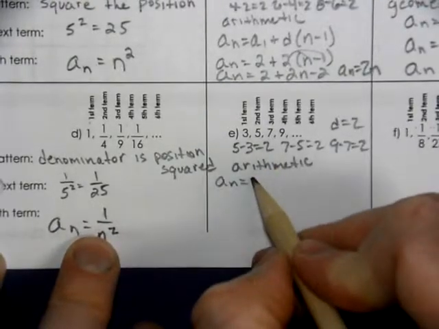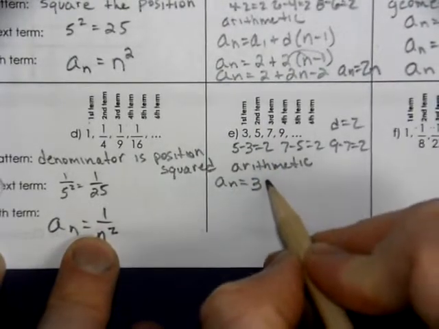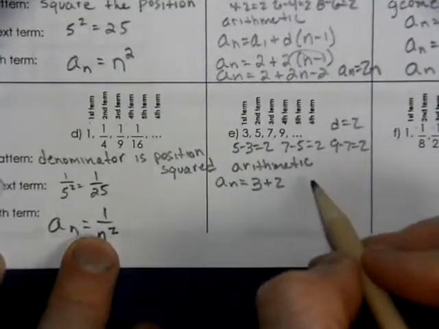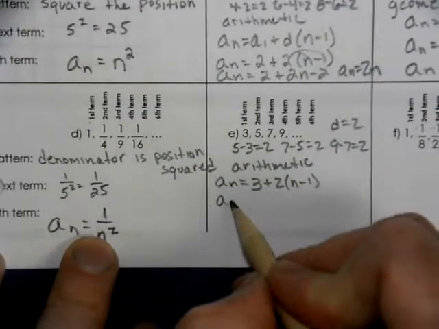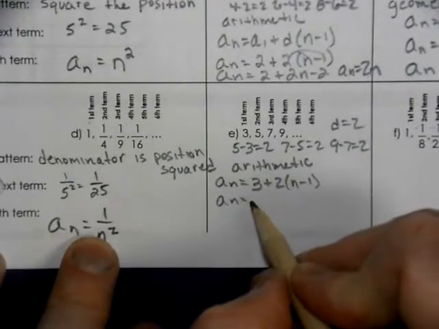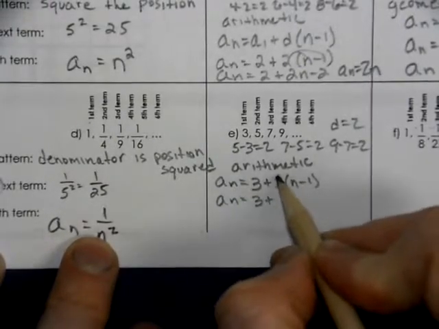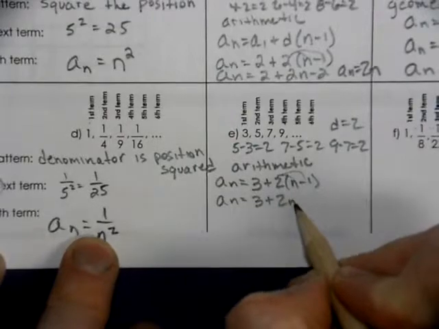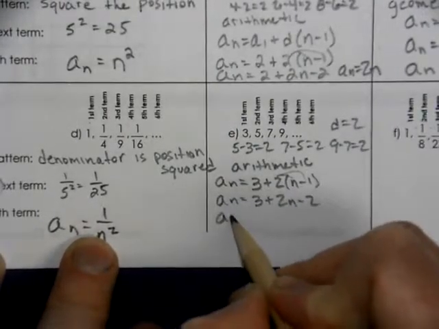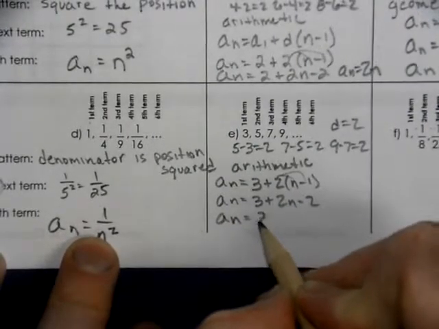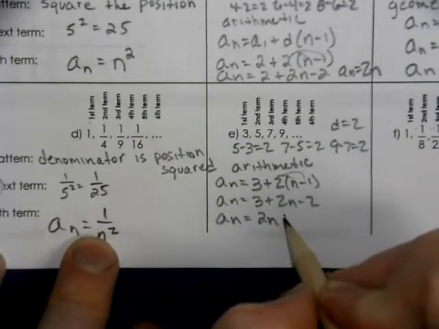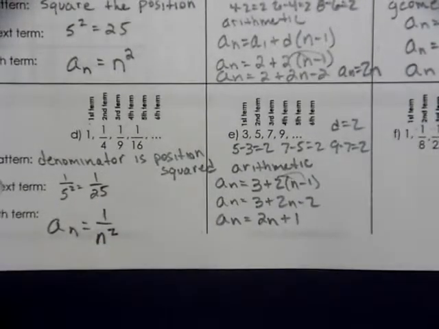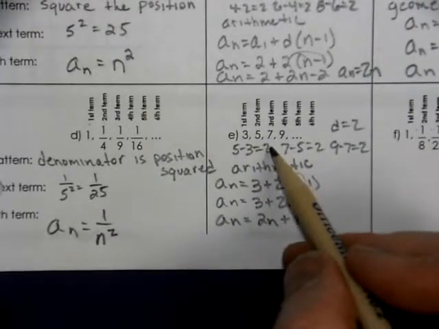Our first term is 3 plus our common difference times n minus 1. Distributed through, we get a of n equals 2n. 3 and a negative 2 gives us a positive 1. So that's our rule for this sequence of numbers.